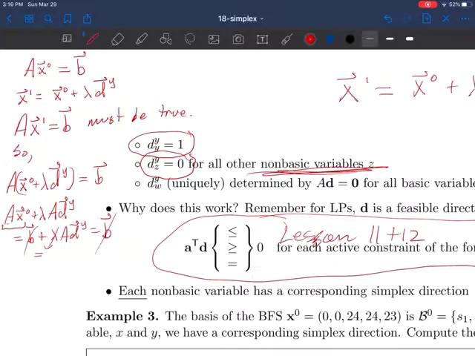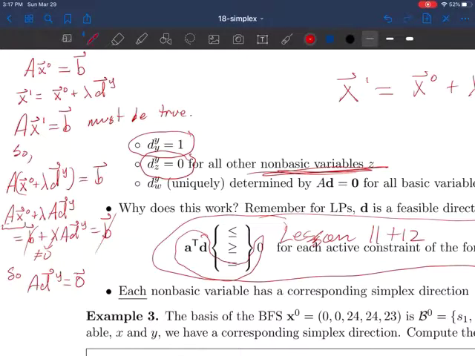Of course, the b's cancel out. The lambda, as long as it's not equal to 0, which it won't be, it'll be positive, can be divided out, and we have a dy must equal 0. And here it's the 0 vector. Okay? And that's this part of what we developed.